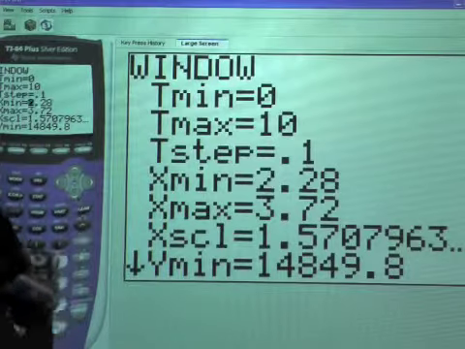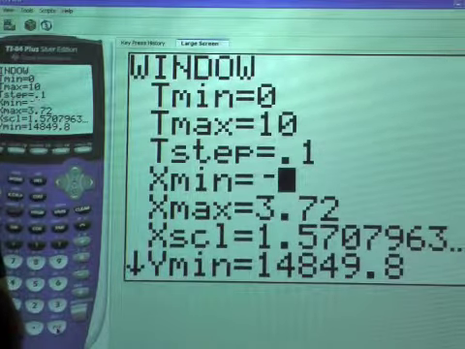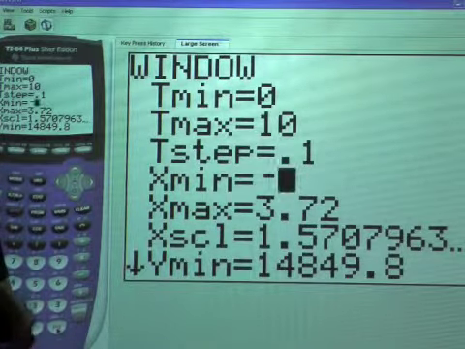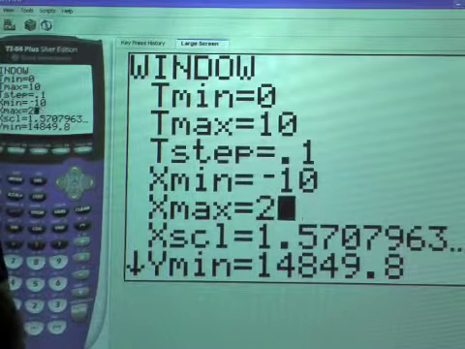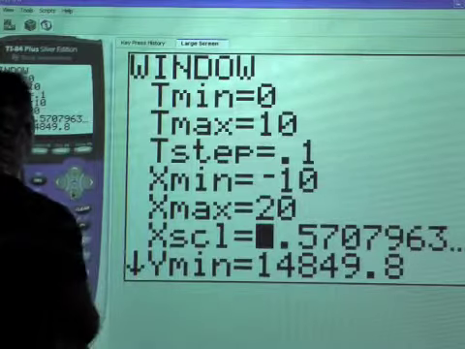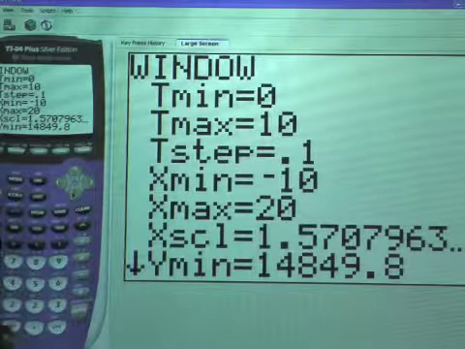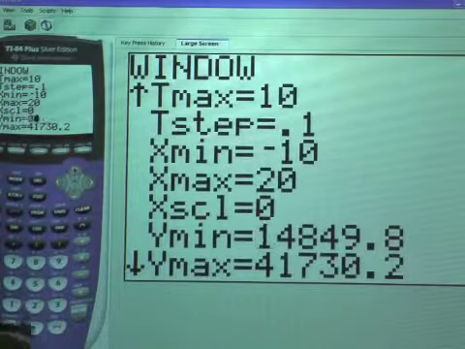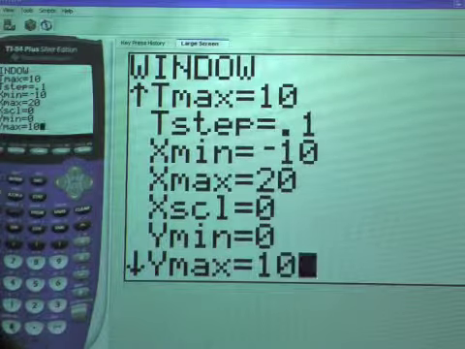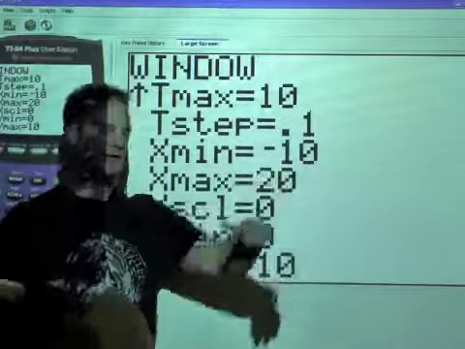So I'm just going to put down maybe negative 10 for x min, and maybe for x max, I'll put 20. This is kind of guessing right now. You can play around with it a little bit. And I'll put 0 for the x scale. I don't need a scale. And for y, I'm just going to go 0 to 10, just so I can have that line at y equals 5 right in the middle.